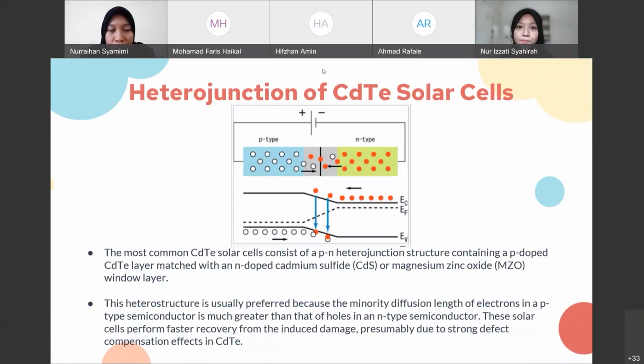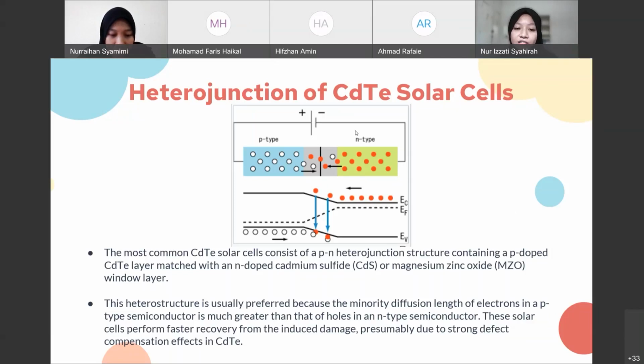As has been mentioned by Raihan in detail just now, the most common cadmium telluride solar cell consists of a p-n heterojunction structure containing a p-doped cadmium telluride layer matched with an n-doped cadmium sulfide or magnesium zinc oxide window layer.